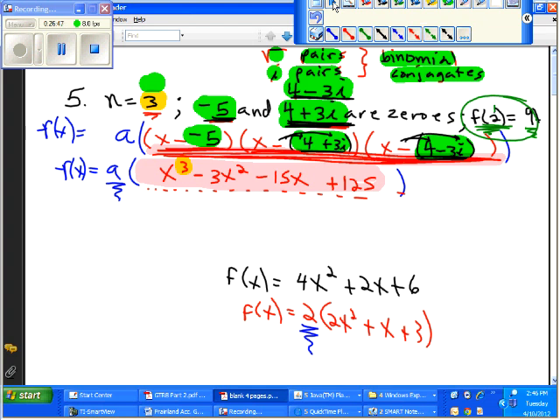So we're going to say, okay, when x is 2, the function value is supposed to be 91.